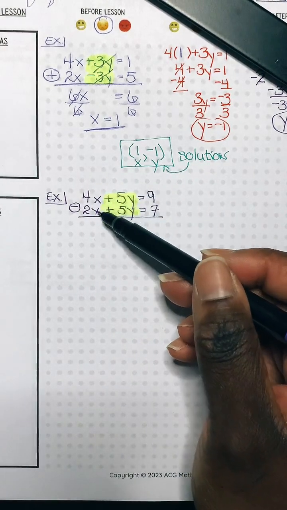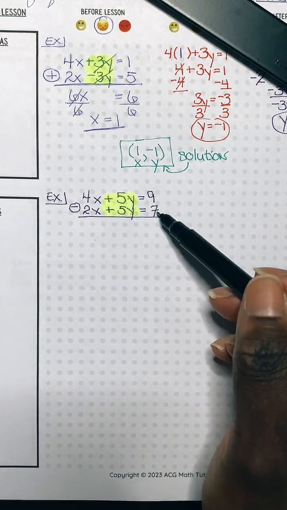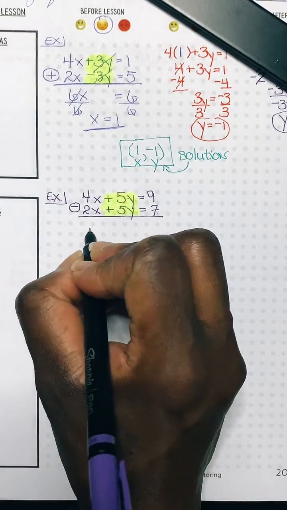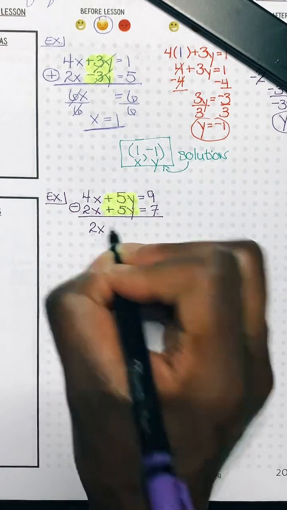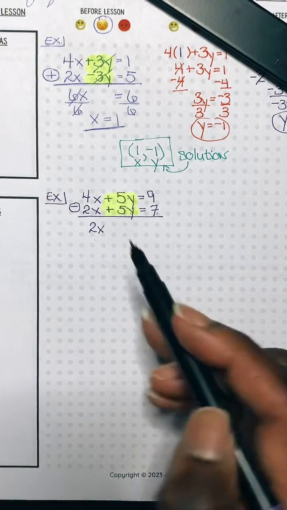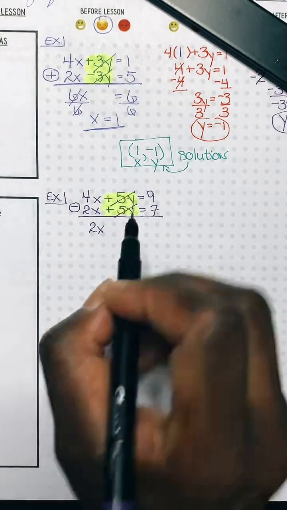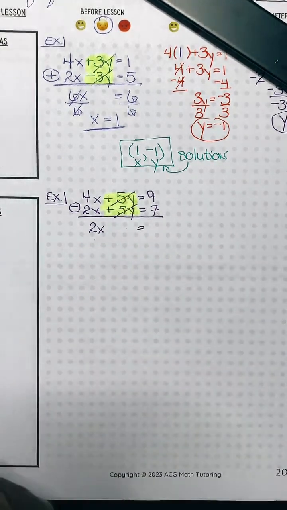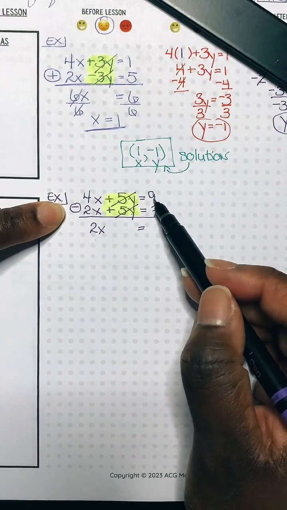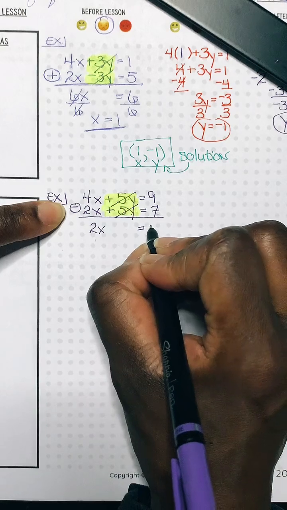When you subtract, you're supposed to subtract here, here, as well as here. So 4x minus 2x gives me 2x. 5 minus 5 gives me 0y. I don't need the 0 as a placeholder because I have this 2x on the same side of the equal sign. But now this is the part that gets people. You have to do 9 minus 7. 9 minus 7, that's 2.